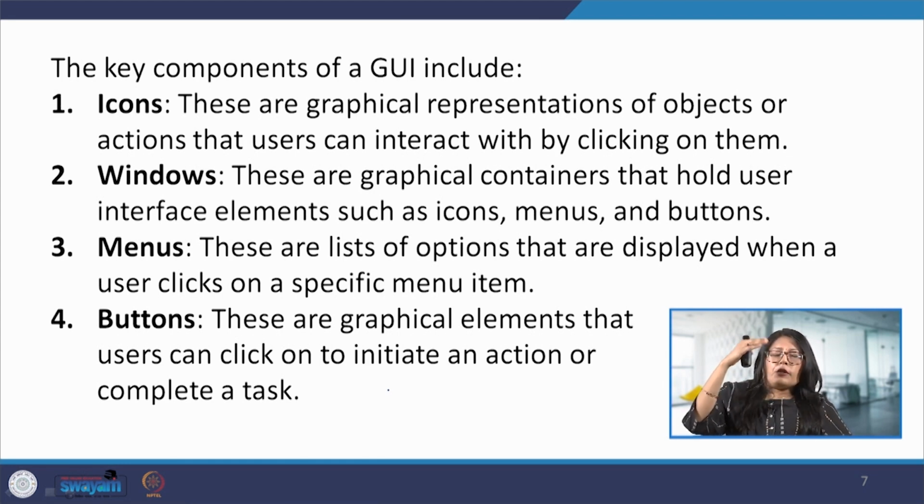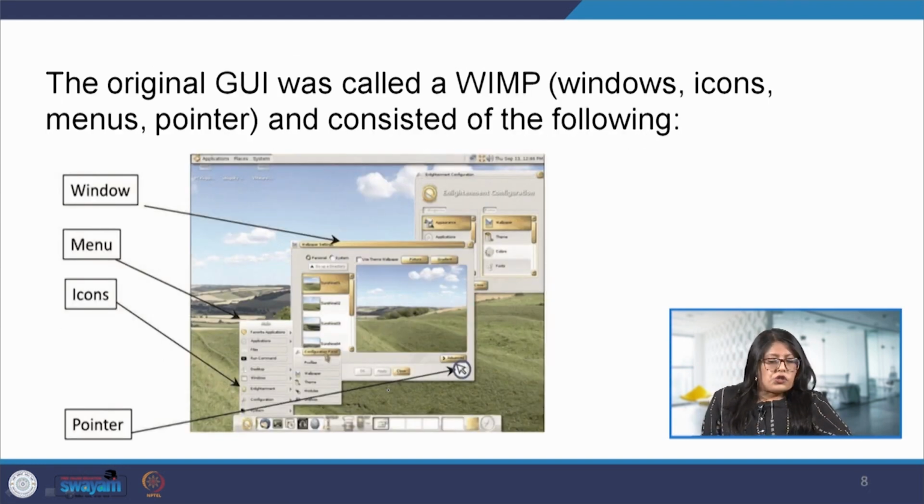So, these menus can have even menus lower in the hierarchy underneath the main menu, and the buttons. So, these are also elements that the user can click and some action can be taken. So, the original GUI was called WIMP, which stands for Windows, Icons, Menus and Pointers.